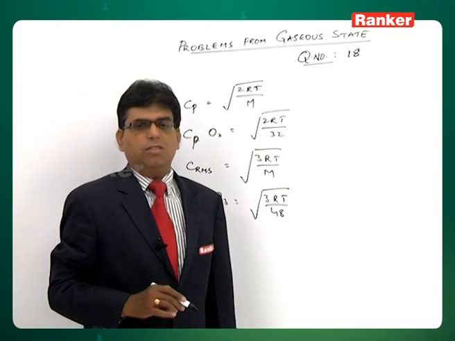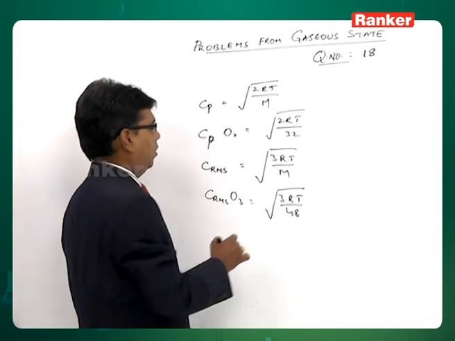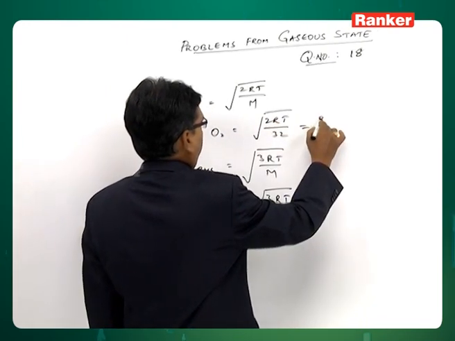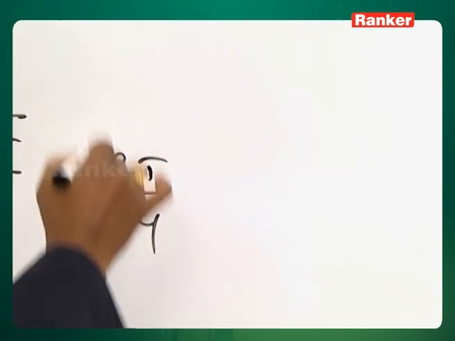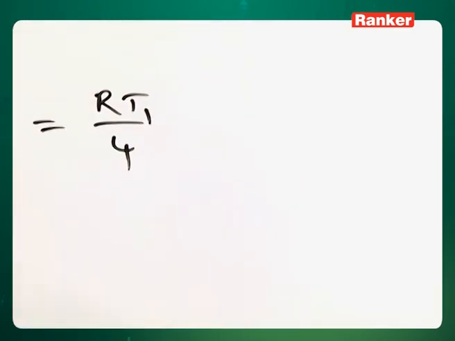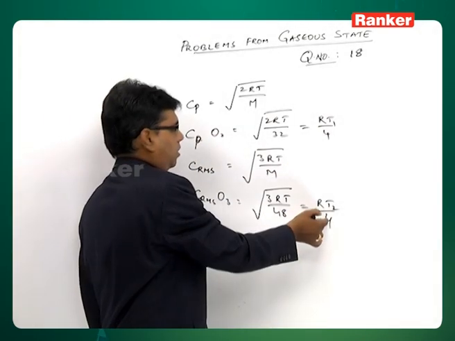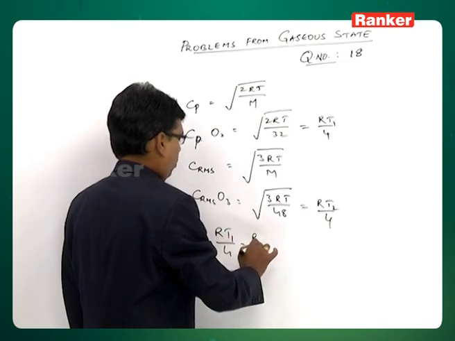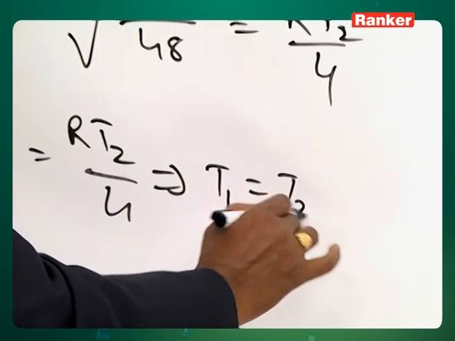Then the question is temperature at which the most probable velocity of oxygen is equal to RMS velocity of ozone. So, this is RT by 4 and this is also RT by 4. This is T1, T2 if you take for oxygen and ozone. Now, this is RT1 by 4 and this is RT2 by 4, so RT1 by 4 is equal to RT2 by 4 implies T1 must be equal to T2.